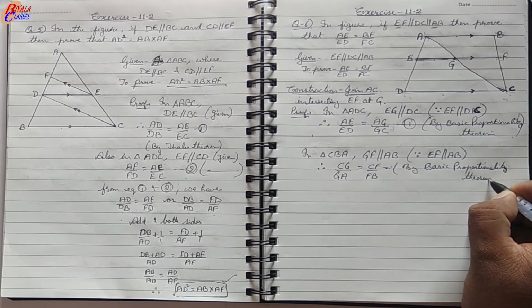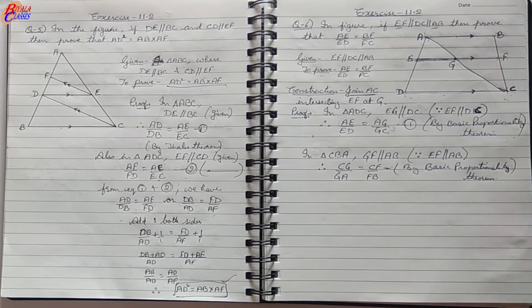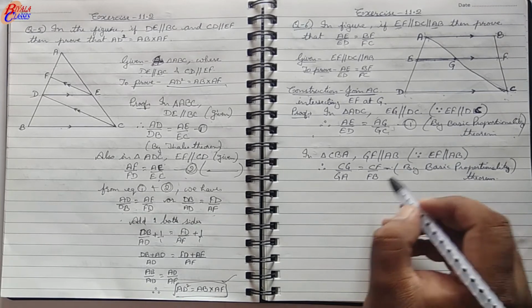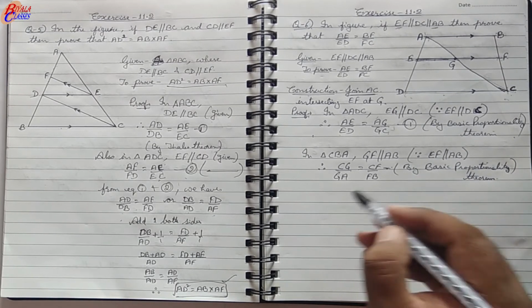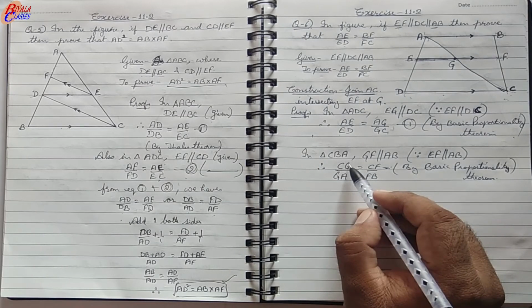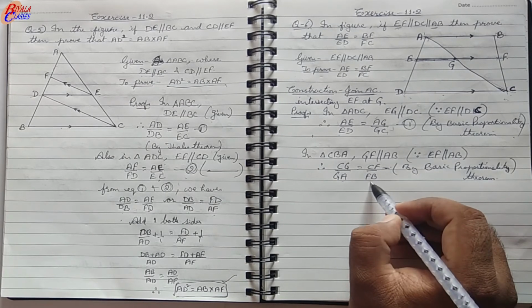Make sure that whichever theorem or property you are using, it is written beside the step wherever you are using it. So here now we get CG upon GA equals CF upon FB.